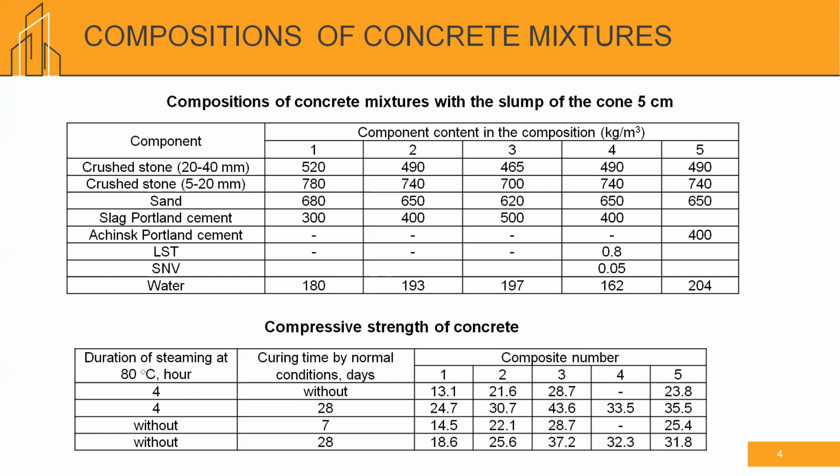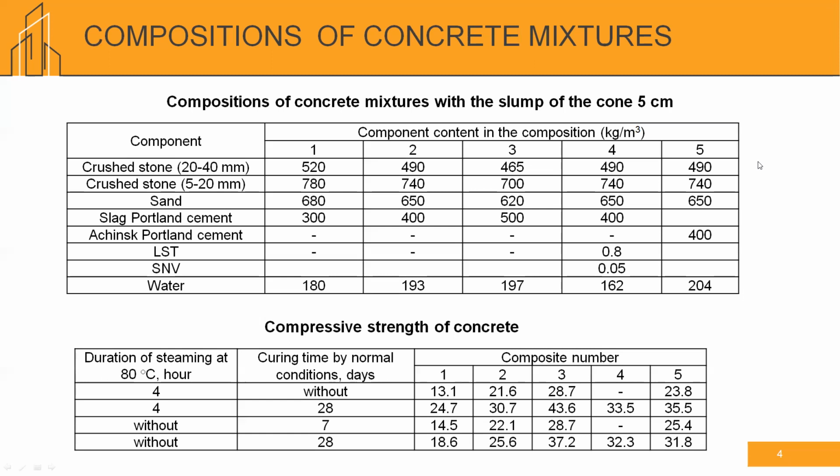The effect of increasing frost resistance is also facilitated by a decrease in the amount of water for composition number 4, which leads to an improvement in the pore structure. The concrete on the experimental slag Portland cement was not inferior in strength to the concrete on non-additive Portland cement.